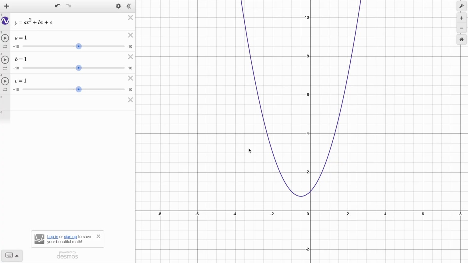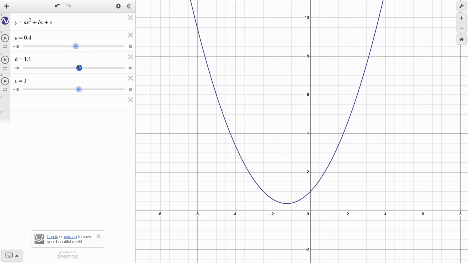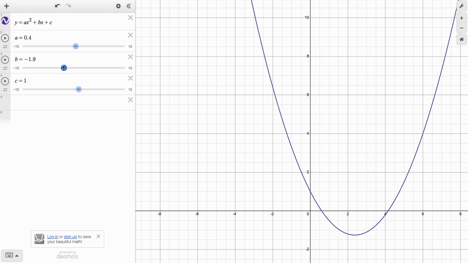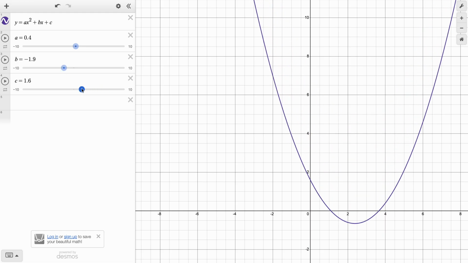Those three values are our inputs, and based on what values we put for the three variables, we will have very distinct shapes of the parabola.